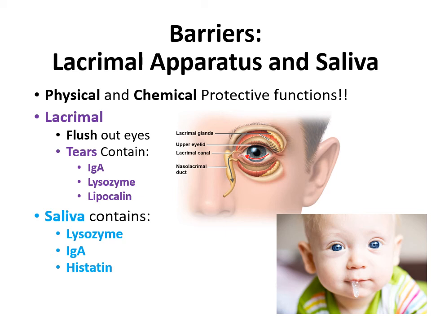Now, in addition to being able to wash away physically pathogens or microbes, both your tears and your saliva have very valuable chemicals that can protect you. Okay, so tears, for instance, they contain three enzymes, I want you to know. They contain IgA, and you can circle the A of IgA and remind yourself that IgA blocks microbe attachment.